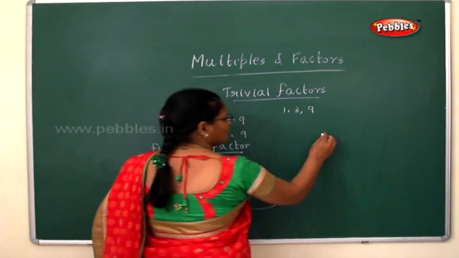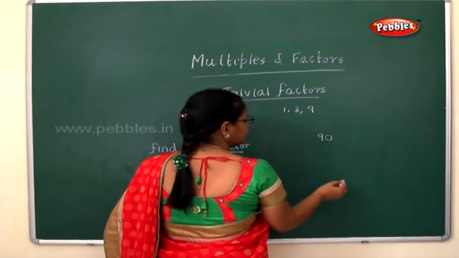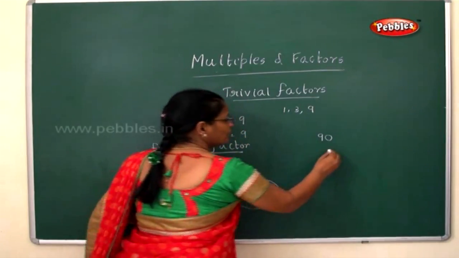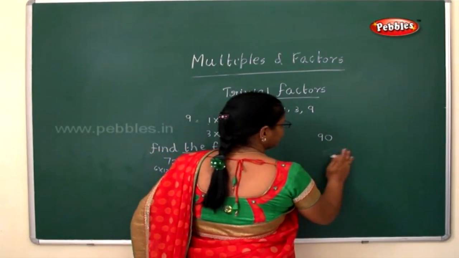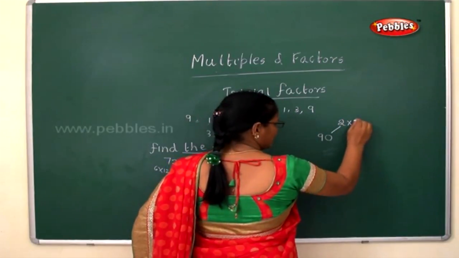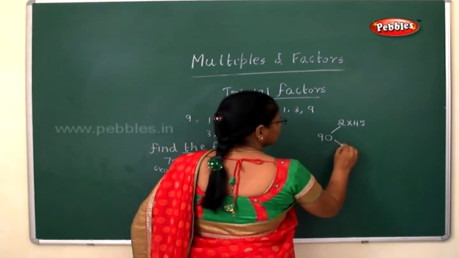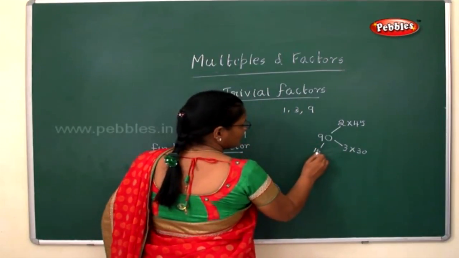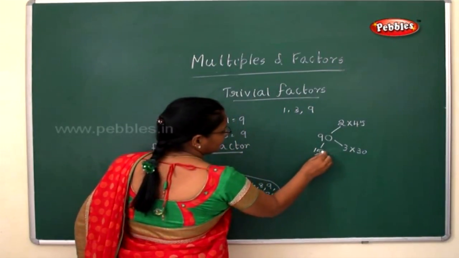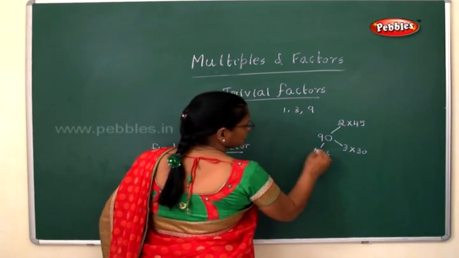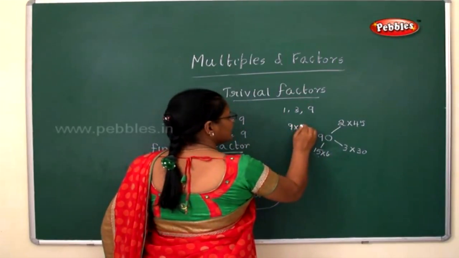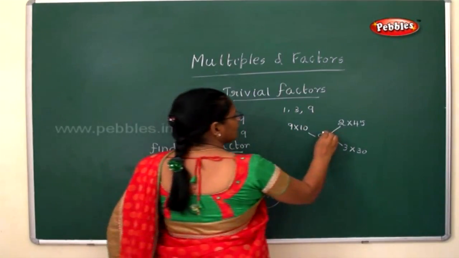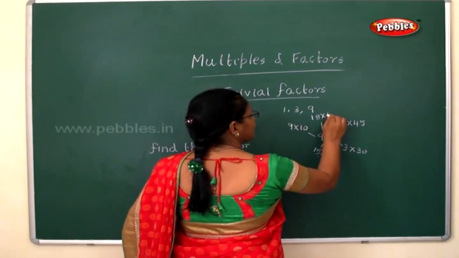The next number is 90. For 90, 2 45s are 90, 3 30s are 90, 15 6s are 90, 9 10s are 90, 18 5s are 90.